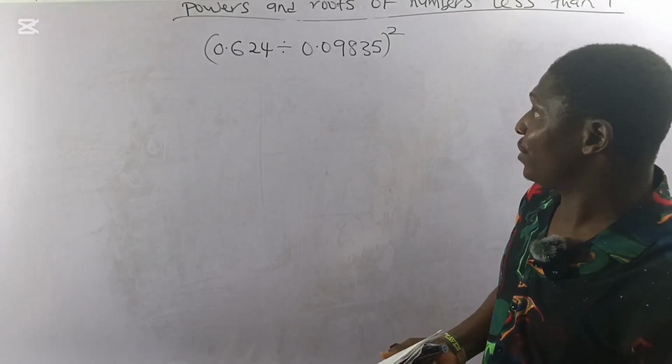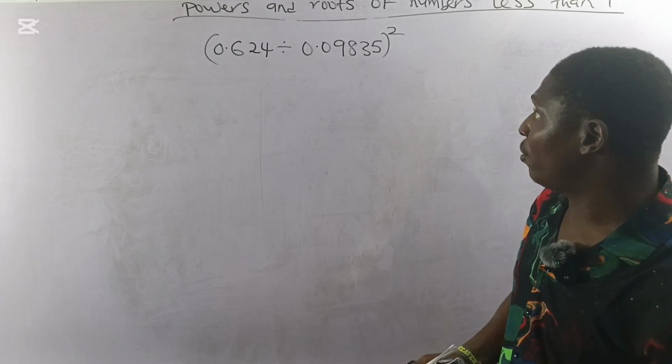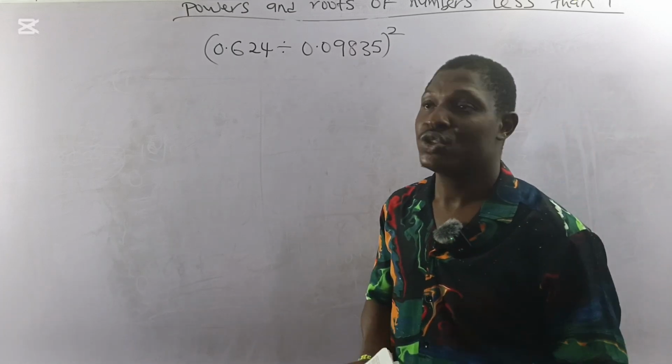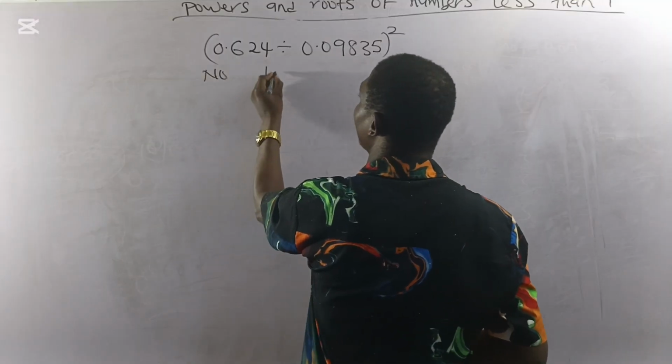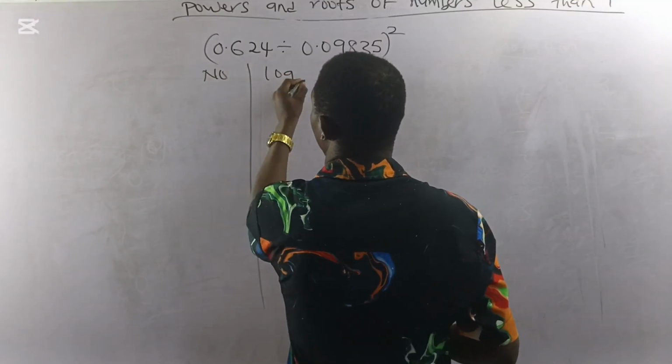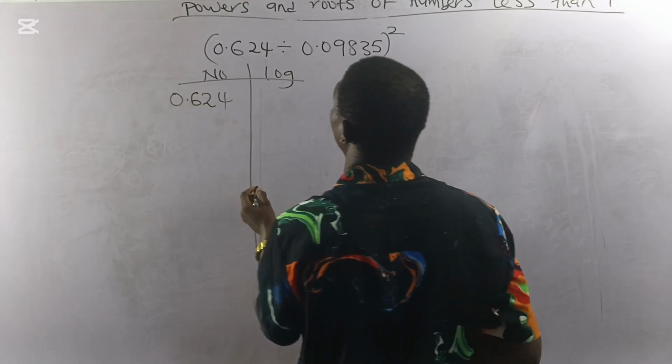We have 0.624 divided by 0.09835, all in bracket raised to power 2. So how do we solve this without using a calculator? Again, we have our number and we have our log. Now we have 0.624.